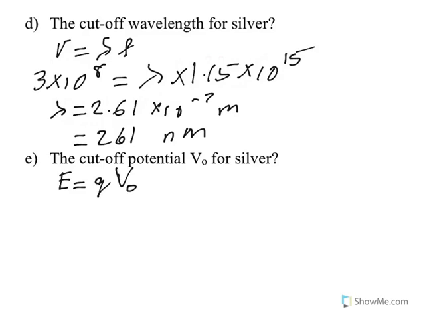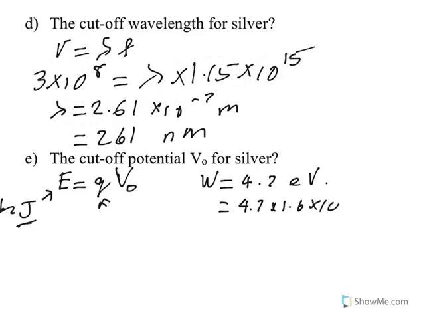So we know what the charge on an electron is. The work function's 4.7 electron volts, which is great, but for this equation we've got to have the energy in joule. So we need to change that. 4.7 by 1.6 by 10 to the minus 19, which is 7.52 by 10 to the minus 19 joule.